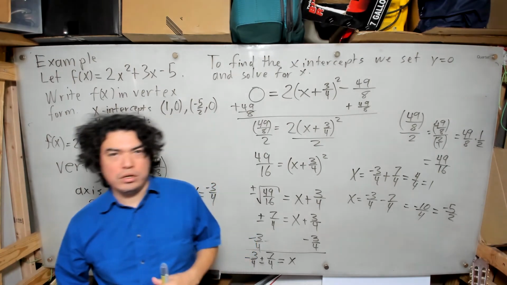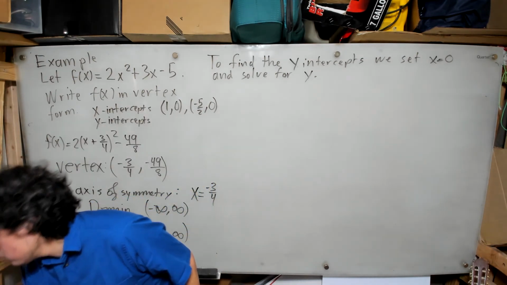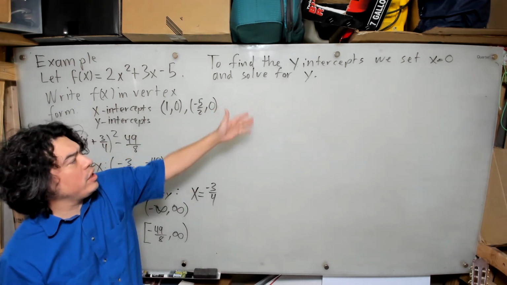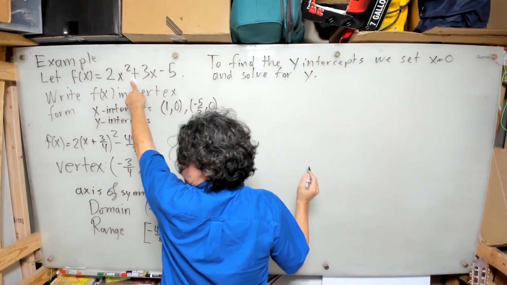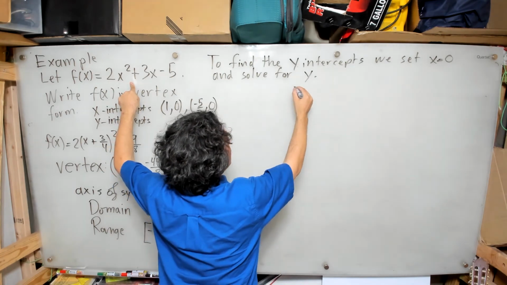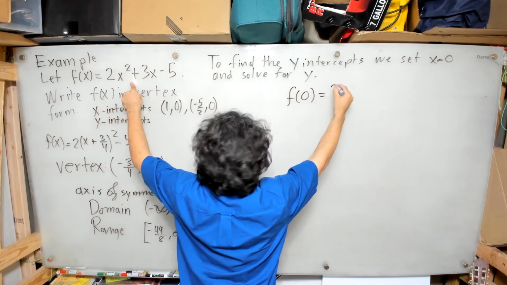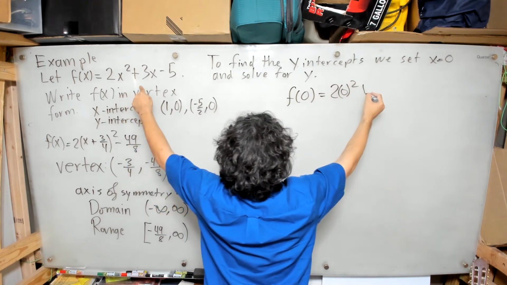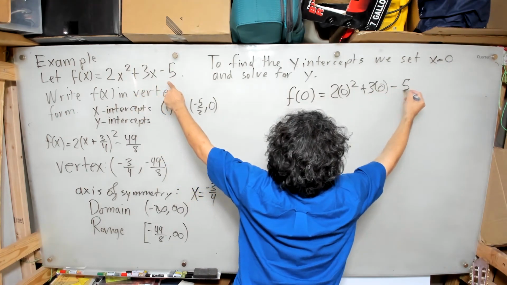Now we're going to try to find the y-intercept. To find the y-intercept, we set x equals 0 and solve for y. Since I have the standard form, this will make it very easy for us to calculate. I can calculate f of 0, which gives me 2 times 0 squared plus 3 times 0 minus 5.